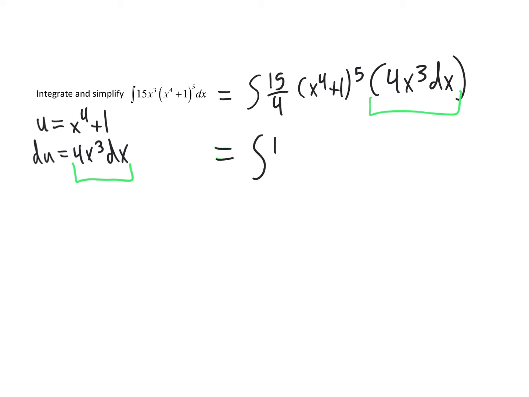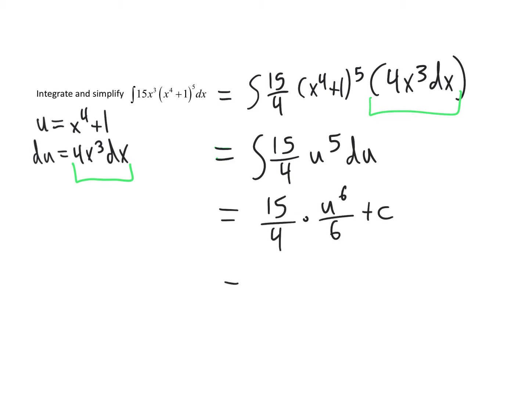So now we get 15/4 u to the 5th du, which is then 15 over 4 times u to the 6 over 6 plus c. Simplifying and subbing back in, we get 5/8 x to the 4th plus 1 to the 6 plus c.